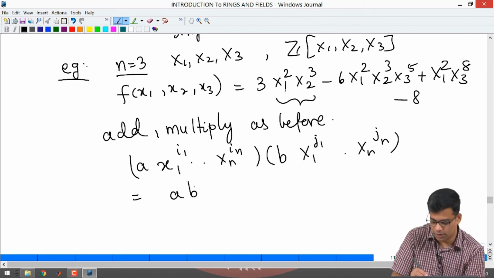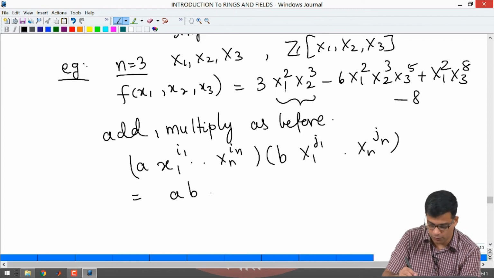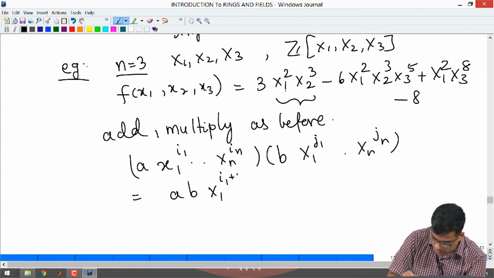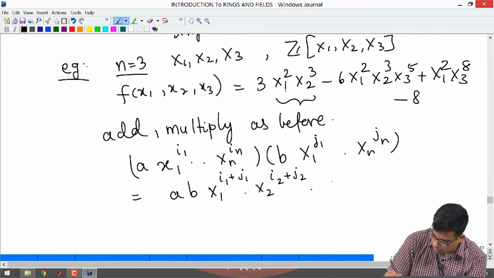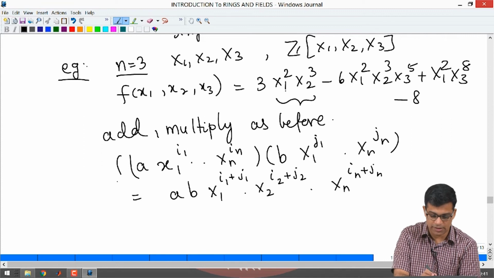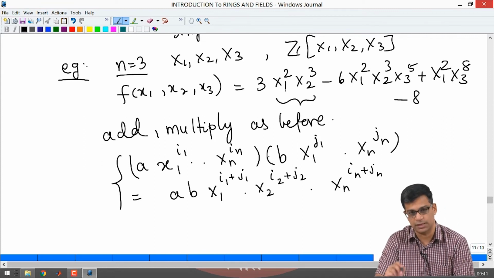I will simply multiply the coefficients because they are elements of R, and the exponents I will add, just like before. So, i1 plus j1, x2 power i2 plus j2, all the way up to xn power in plus jn. Okay. So, this is multiplying a single monomial with another single monomial.